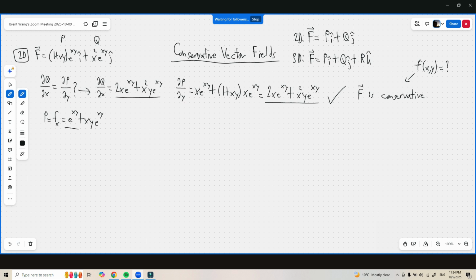Let's integrate this with respect to x. Integrating e to the xy with respect to x is quite easy, that's just 1 over y e to the xy. The second term is not so easy to do in my head, so let's use integration by parts to integrate xy e to the xy with respect to x.